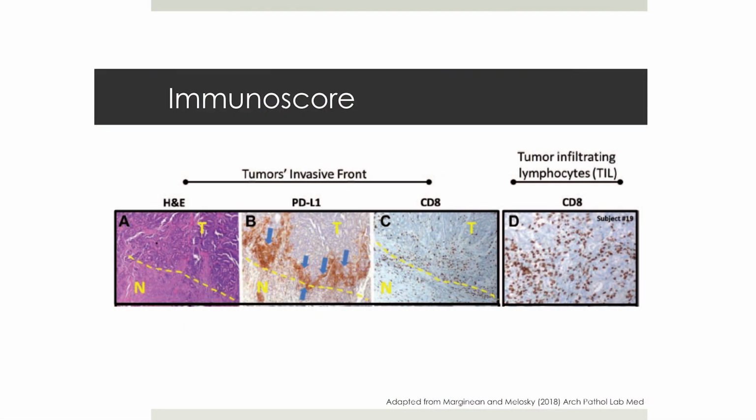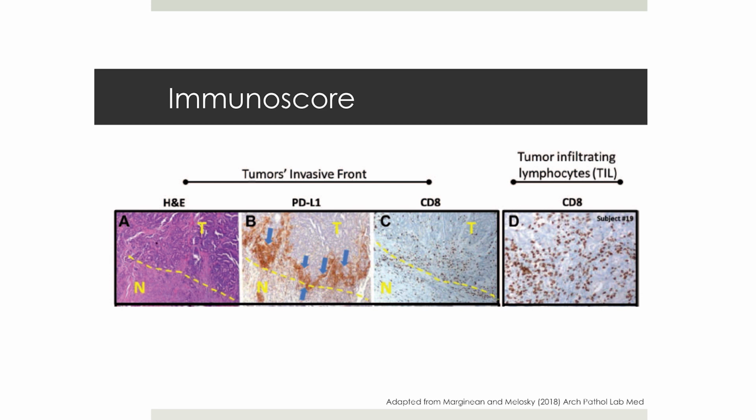The way that we grade the immuno score, which is, again, more towards the future, is that we look at our regular H&E stain, then we stain it for PD-L1. Are the lymphocytes expressing PD-L1? And we look at the invasive tumor front, where the tumor is trying to invade, are they trying to bypass and show their ID?